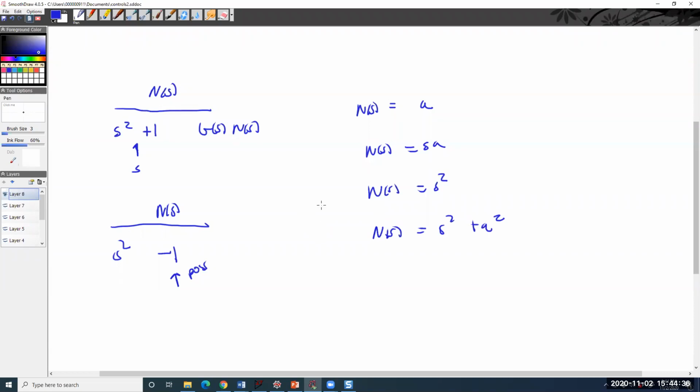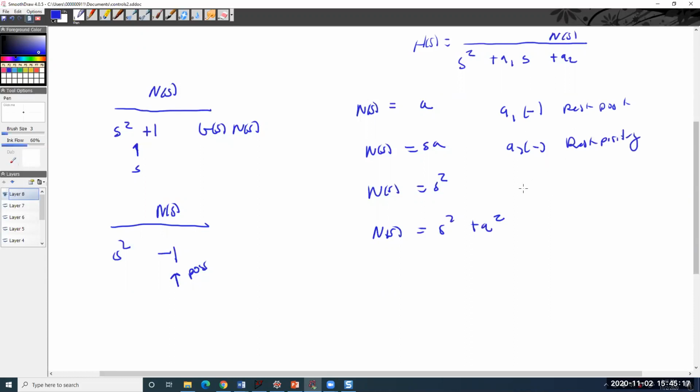On a second order system, let's say this is my original out of control function. What could be wrong with it? A1 could be negative, rest positive. A2 could be negative, rest positive.